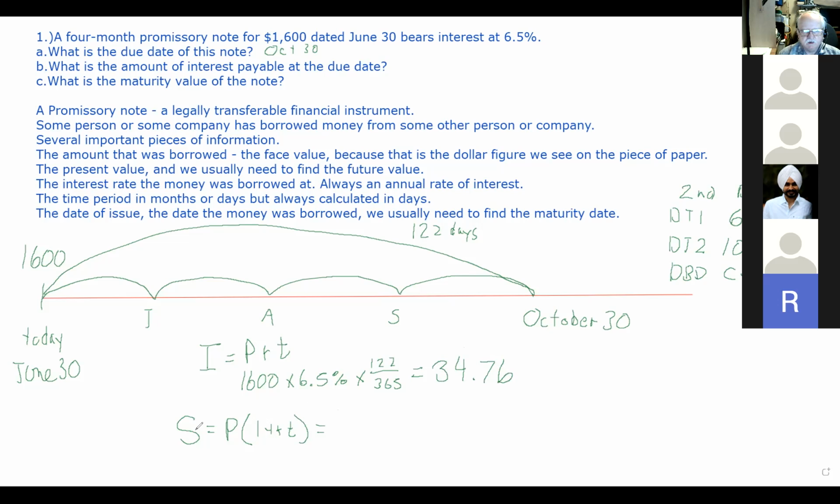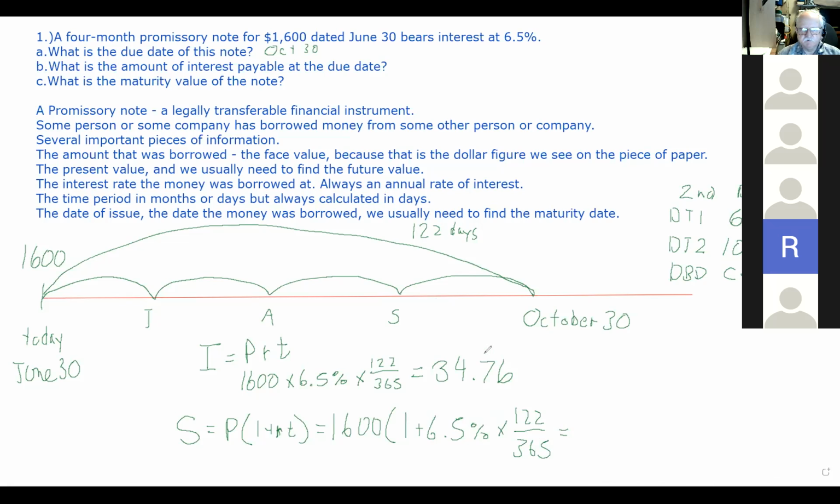If we calculate S equals principal times 1 plus rate times time, we'd get 1,600 times 1 plus 6.5% times 122 over 365. That would be one way of doing it.